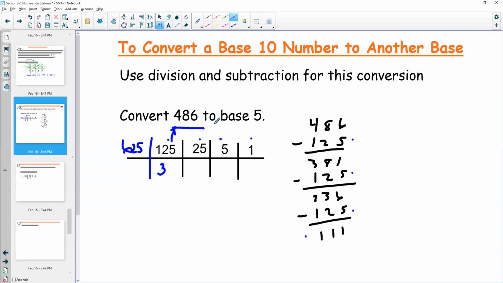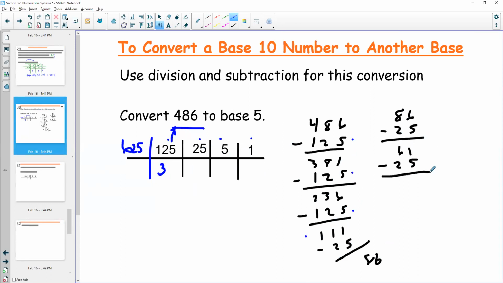And then I'm going to keep going. I'm going to take out 25s. Take out 25. Take out 25. Take out 25. Take out 25. And then I'm out of 25s.